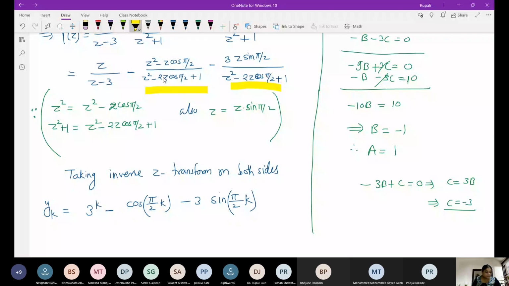Is that okay? Any problem? Just calculations are required in this Z transform. Shall I go further?